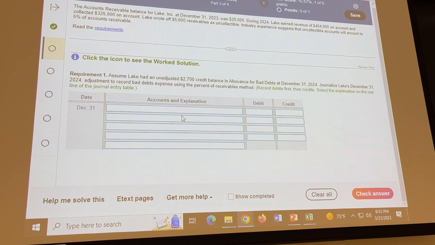Okay. Next one is dealing with bad debts expense and allowance for bad debts. And so here I'm going to split my screen.